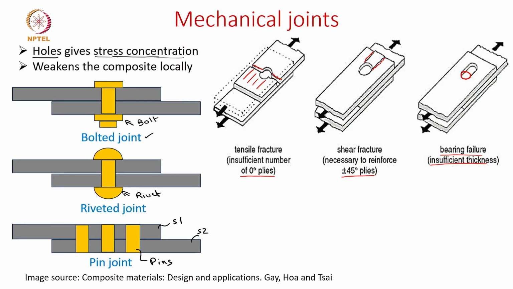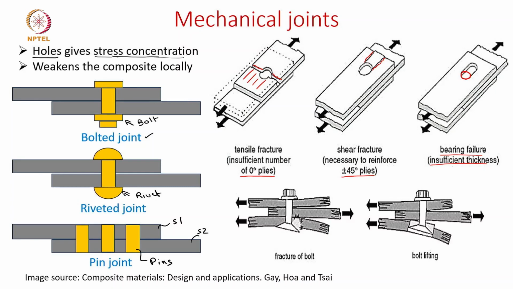And lastly, there are a few other failure modes which are mostly out of plane. So let's say here there is substrate 1 and substrate 2, and we are joining with substrate 3 here, and then there is a tensile load on both ends. Then there are a few failure mechanisms by which the bolt can fail.